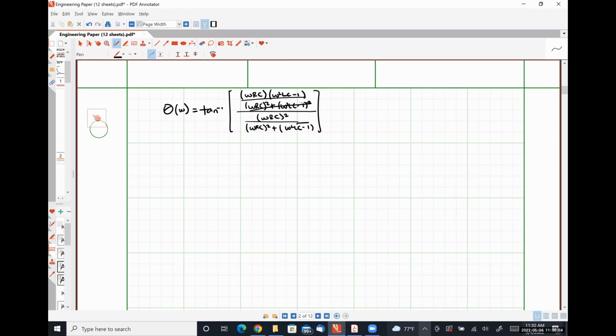This guy cancels this guy. This guy cancels one of these powers. And we are left with the inverse tangent of omega squared LC minus 1 over omega RC.